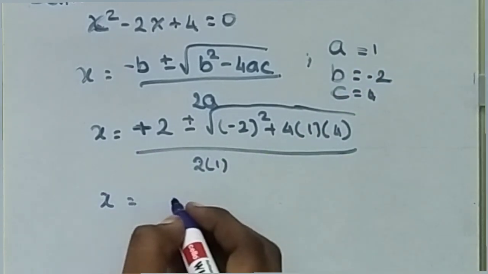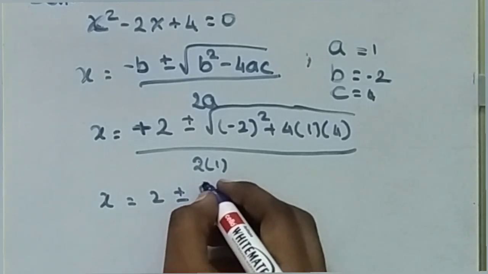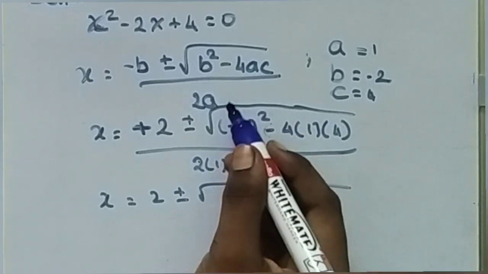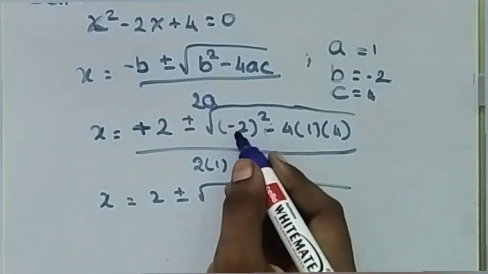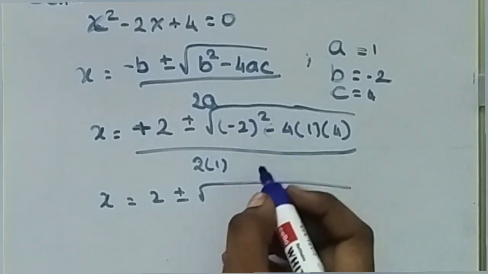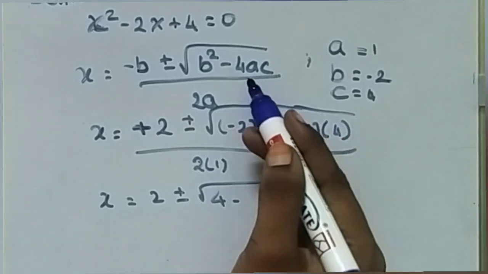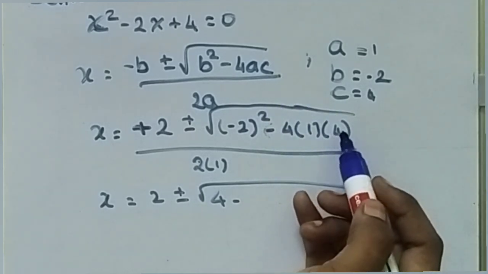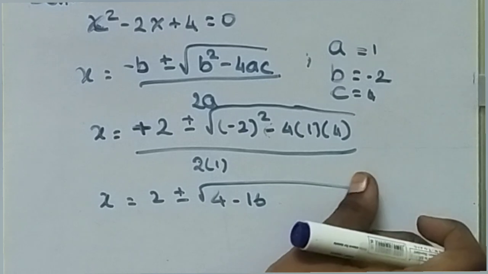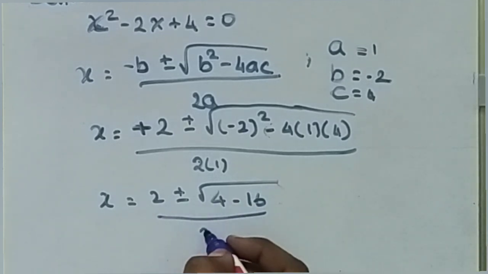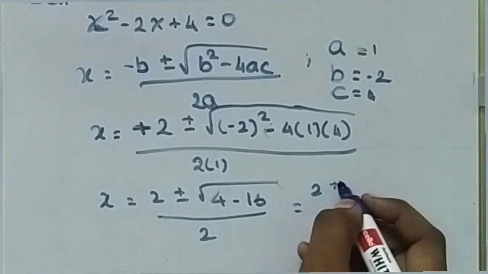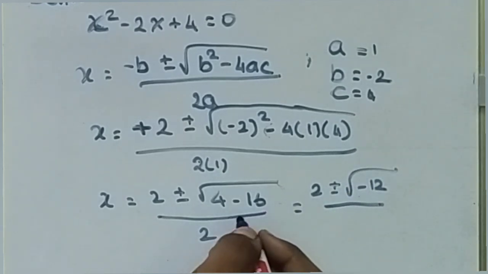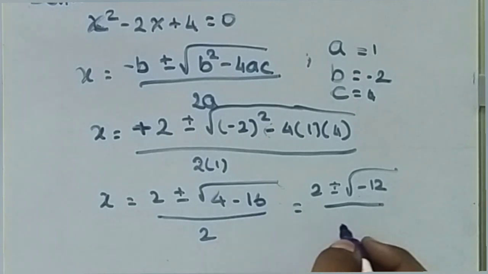So x equals 2 plus or minus square root of b squared minus 4ac. Minus 2 the whole square will be 4, minus 4 multiplied by 1 and 4, which is 16, divided by 2 into 1, which is 2. So 2 plus or minus square root of minus 12, since 4 minus 16 is minus 12, divided by 2.